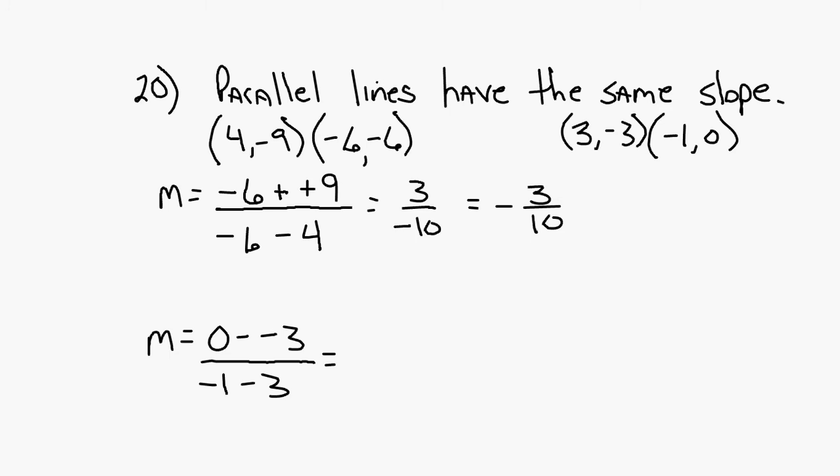So 0 minus negative 3 is positive 3, and negative 1 minus 3 is negative 4. So the slope of this second line is negative 3/4. All right? So since they don't have the same slope, they're asking you if the lines are parallel? No. The explanation is they don't have the same slope.